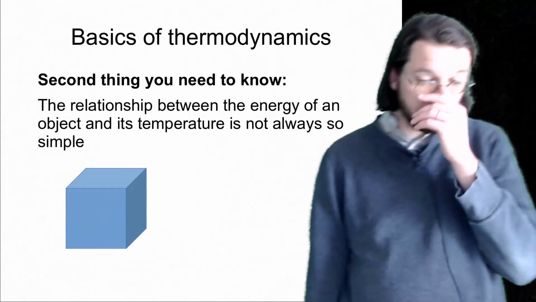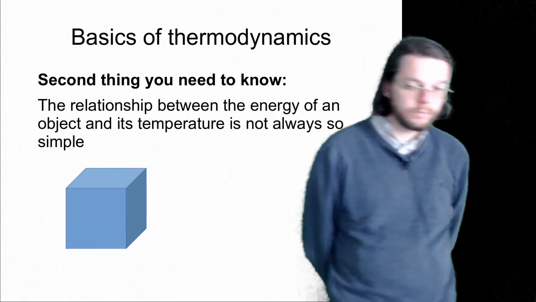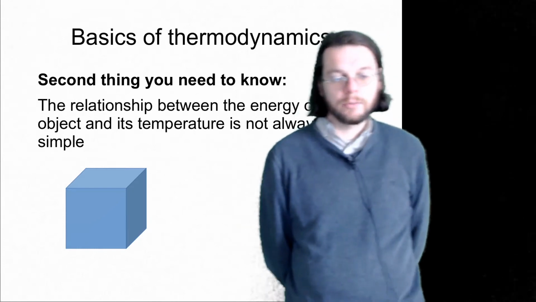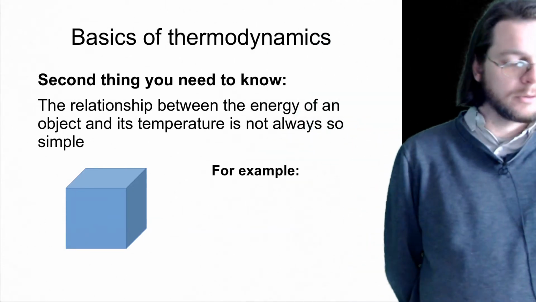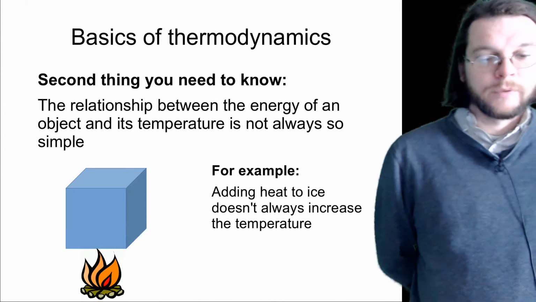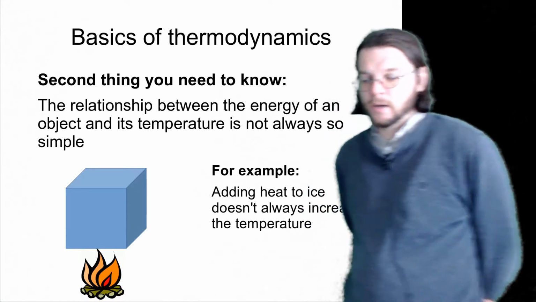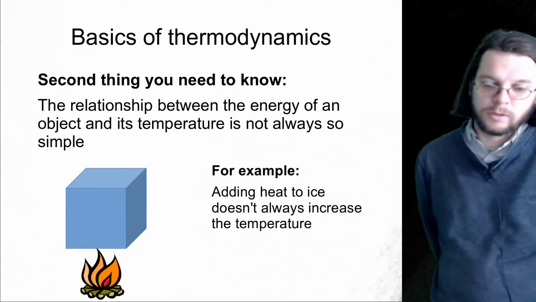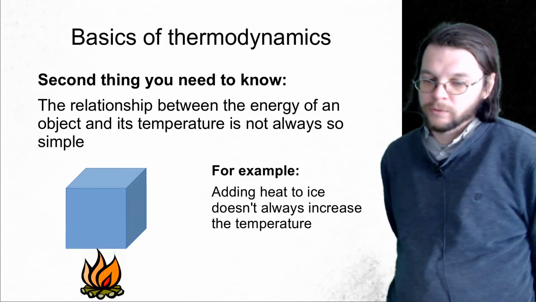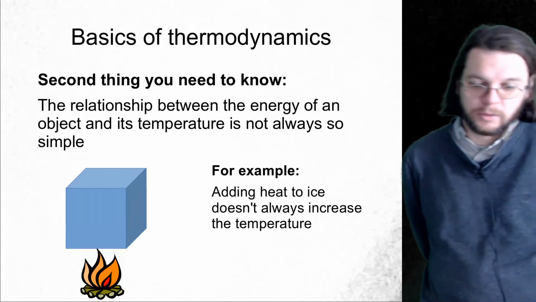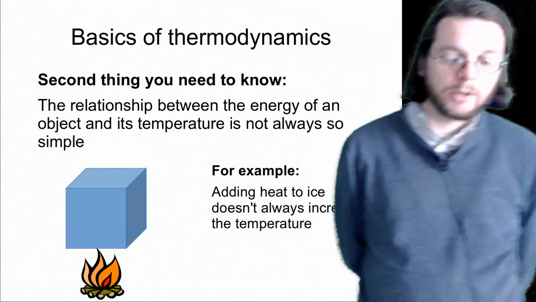The next thing that you need to know is that the relationship between energy and temperature is not always so simple. For example, if you have ice and you're adding heat to ice, that doesn't always increase the temperature. If you know a little bit about ice, you know that what's happening is that there's a phase change.